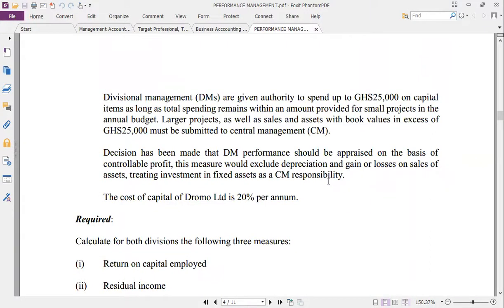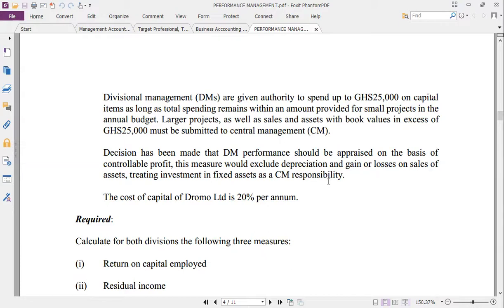Divisional managers are given authority to spend up to 25,000 on capital items as long as the total spending remains within an amount provided for small projects in the annual budget. Larger projects as well as sales of an asset with book values in excess of 25,000 must be submitted to the central management.